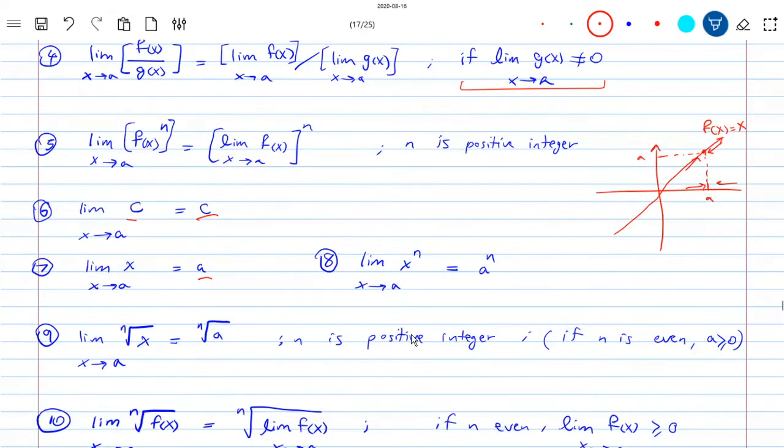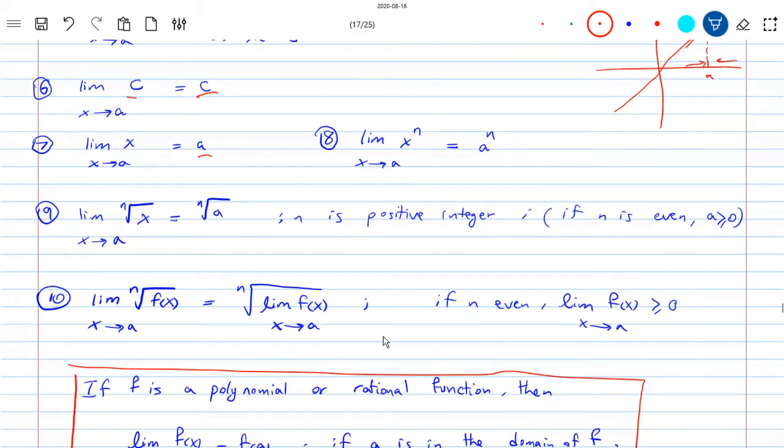Okay. If you're taking a square root or third root or fifth root, it doesn't really matter. You can operate that after you find the limit, but with the assumption that underneath the square root, if the root is even, or a fourth root, underneath is a non-negative value.